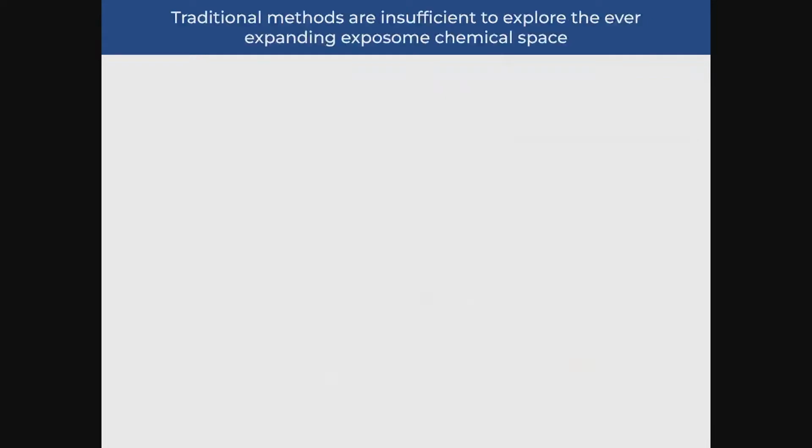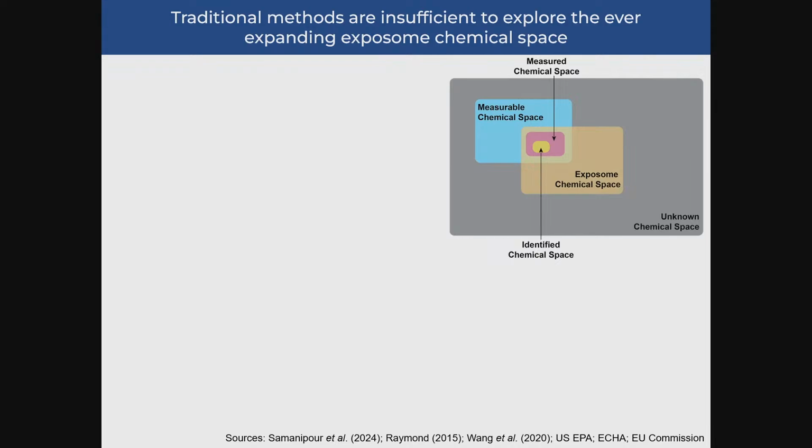When you say environmental chemicals, then naturally you go to toxicology, and the current methods used in toxicology are limited majorly for two different reasons. One is the ever-expanding chemical space.